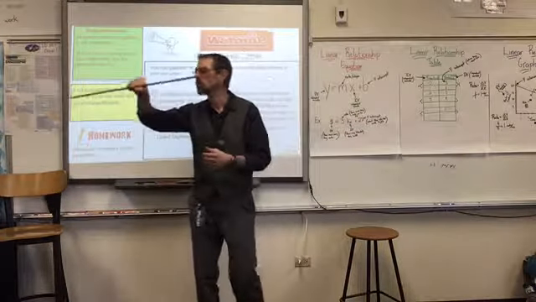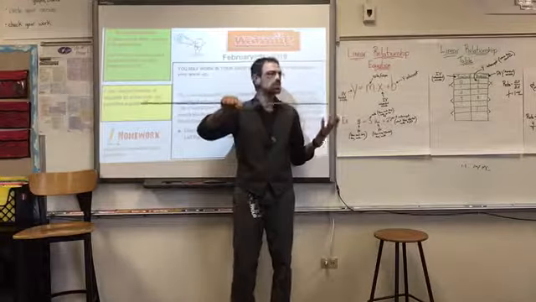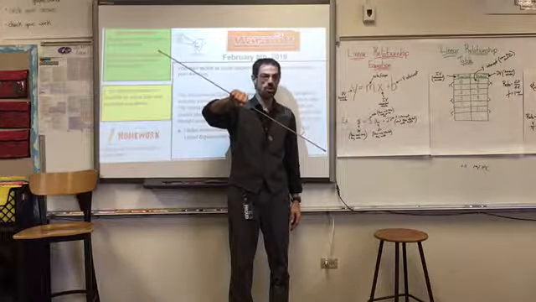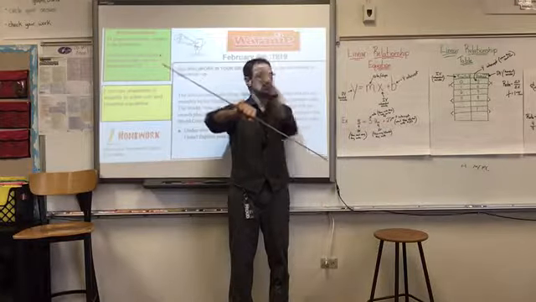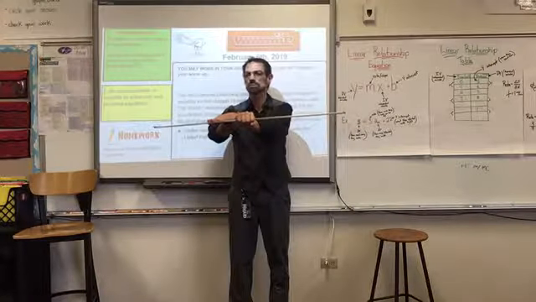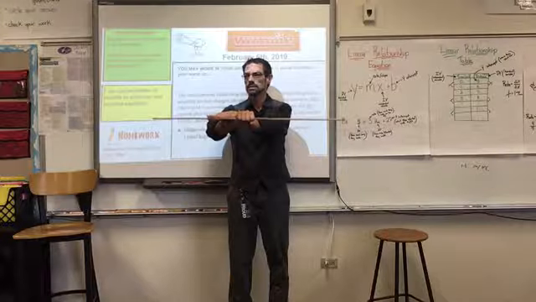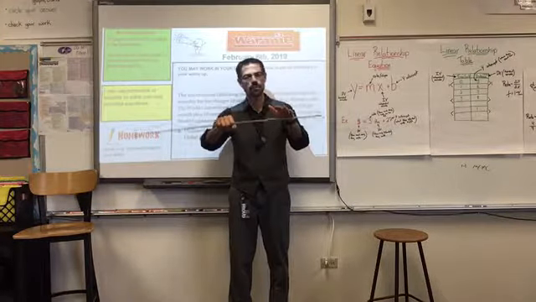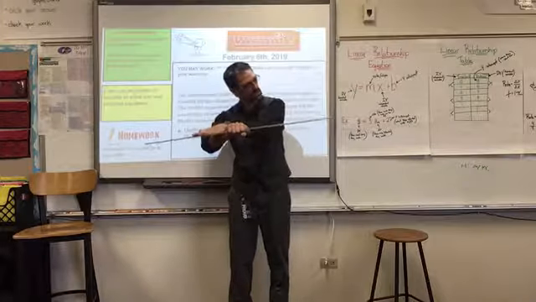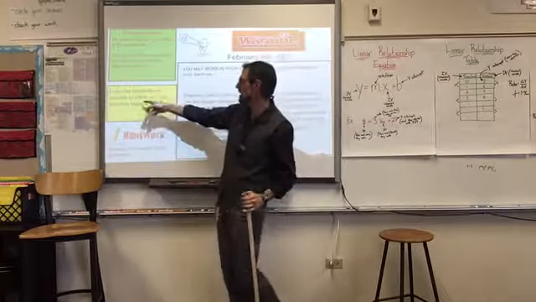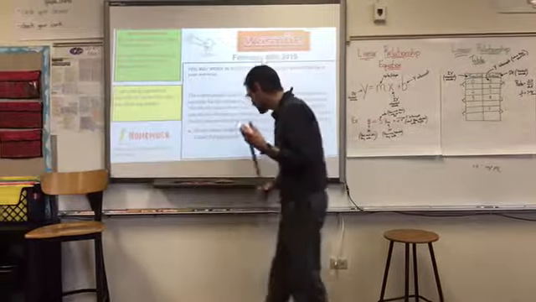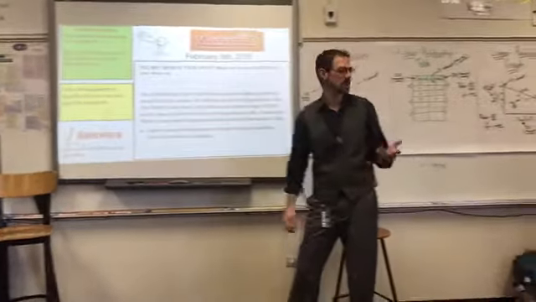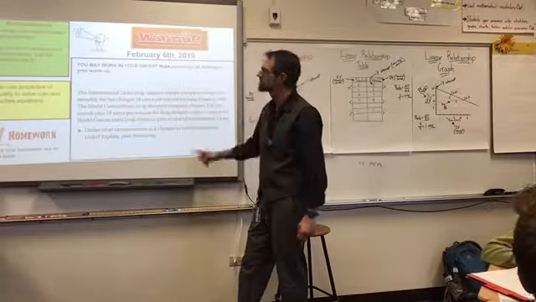So, because it's equal on both sides, I can do whatever I want to one side as long as I do it to the other, and it stays equal no matter what. I can add, subtract, multiply, divide, whatever I want, as long as I do the same thing to the other side. So that's what we're looking at today, is using equality to solve coin and pouch equations, which we talked about yesterday, coins and pouches.